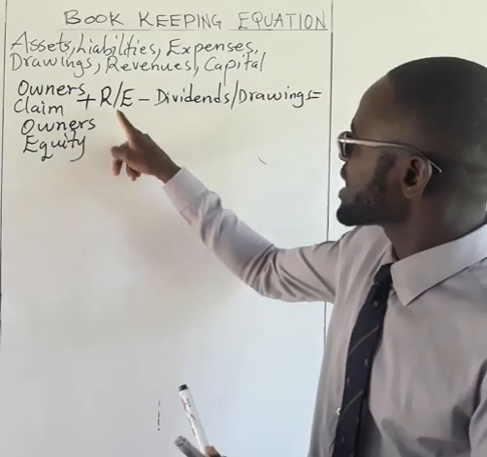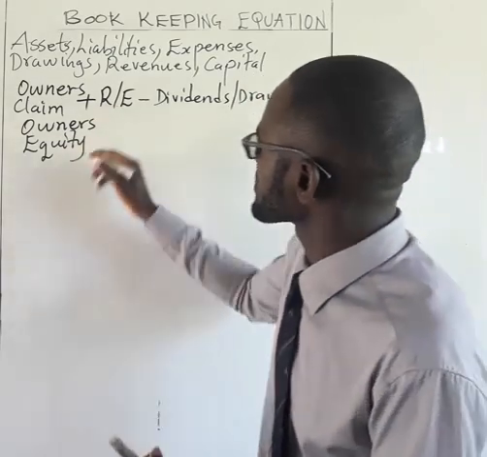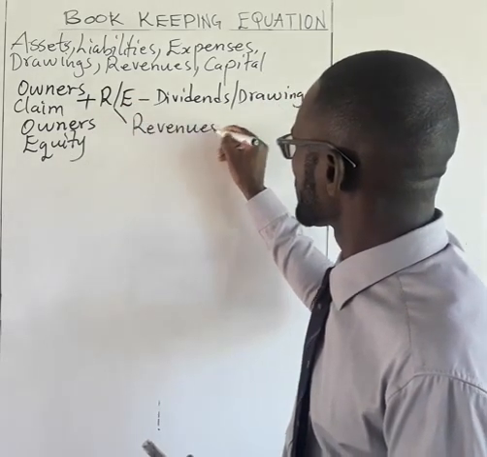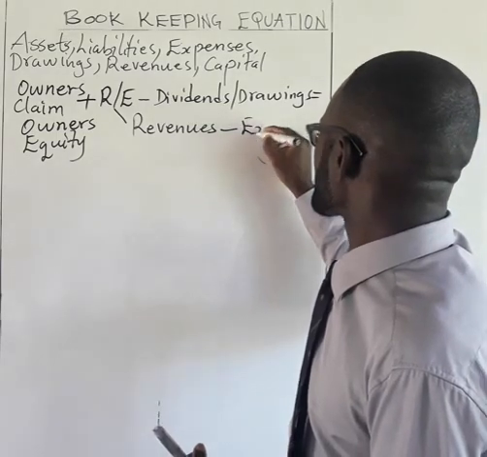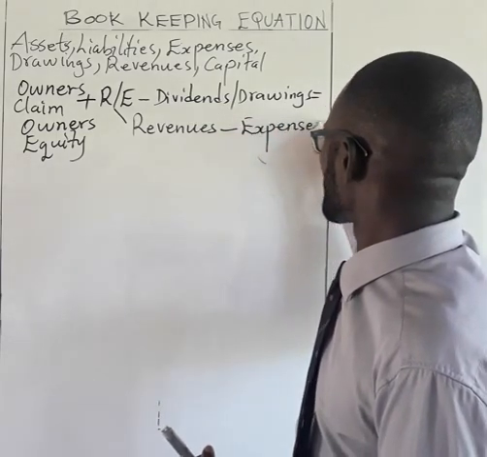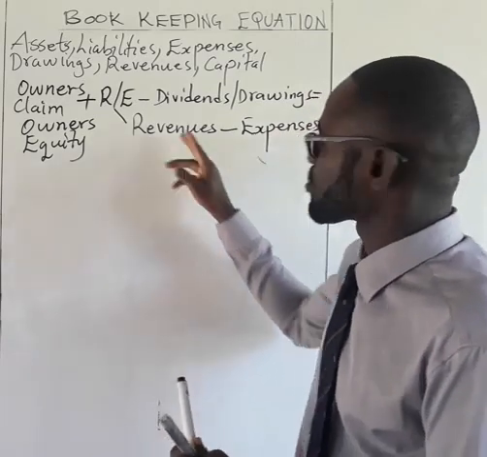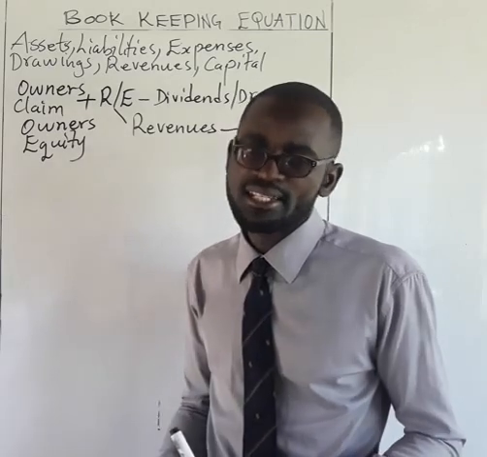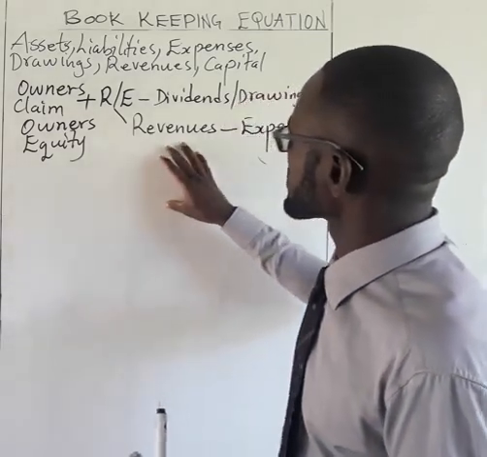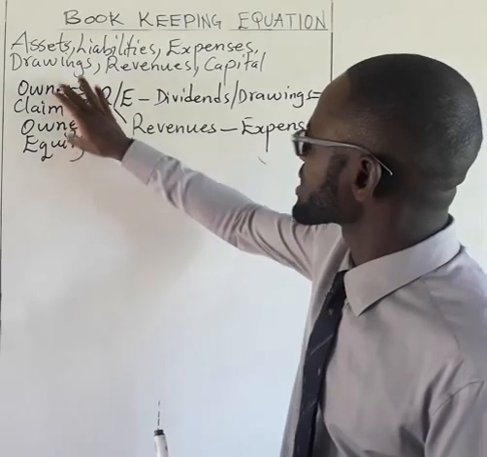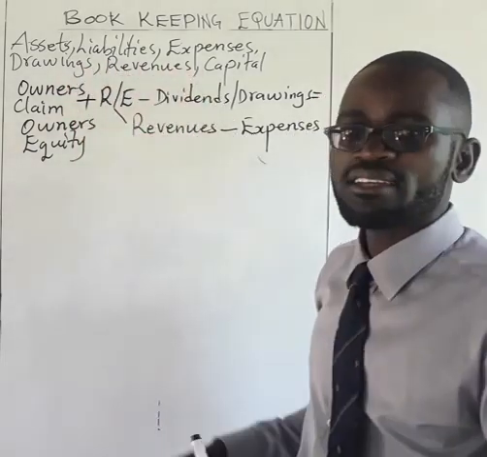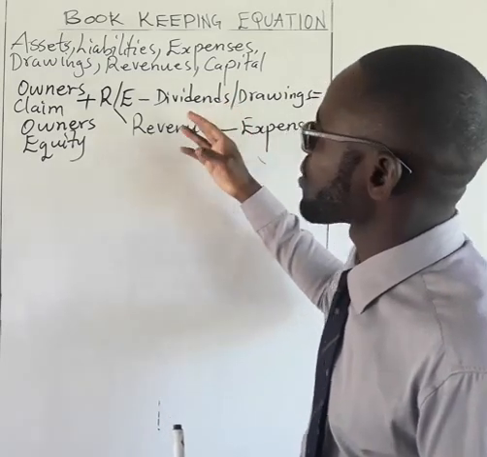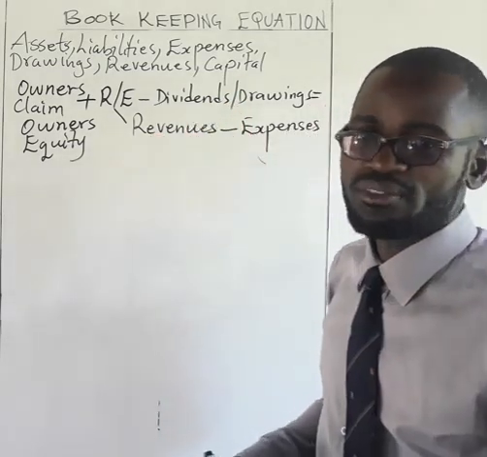But actually, retained earnings simply means that we have our revenues after deducting all the expenses, because we pay expenses from what we collect as income whenever we are running our businesses. So in this case, the owner's equity is a collective figure arrived at by finding the summation and additions of all these particular figures.